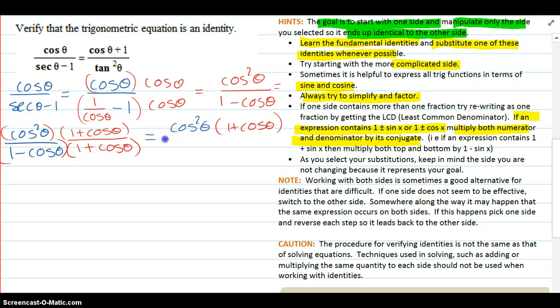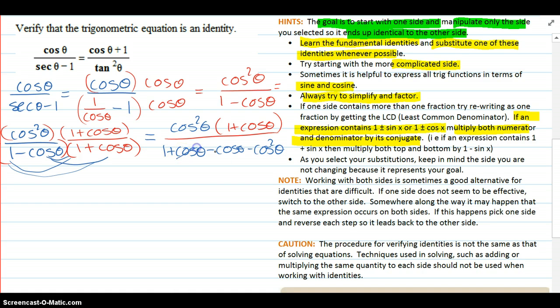And then the denominator, I'm going to use FOIL. So if I use FOIL here, what would that be? I would multiply 1 times both of these. That would be 1 plus cosine of theta. And then I would take this term and multiply by both of those. I would get a minus cosine of theta minus cosine squared of theta.